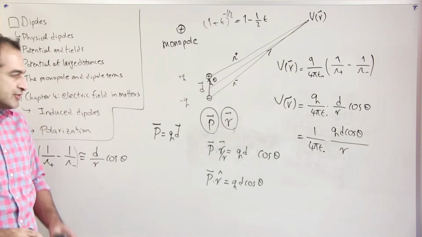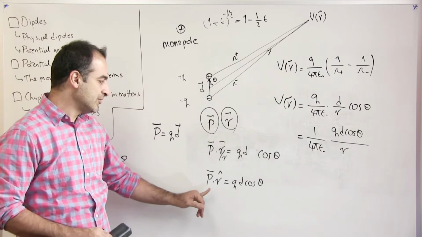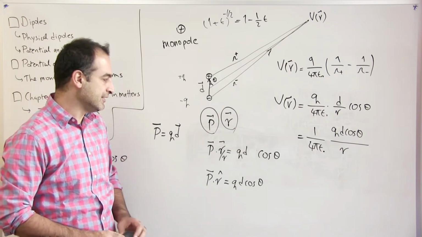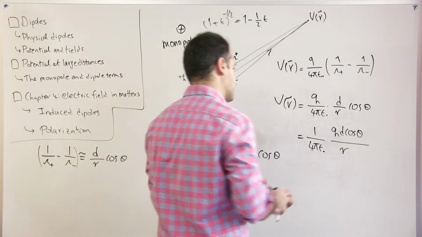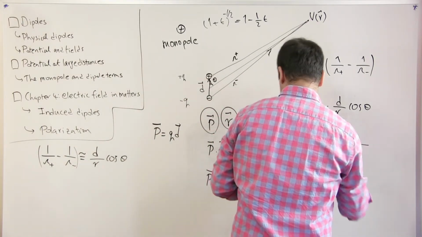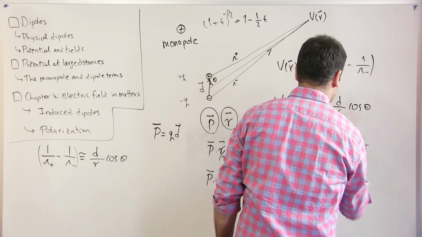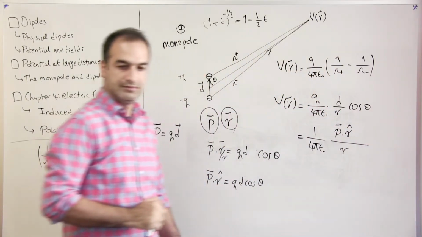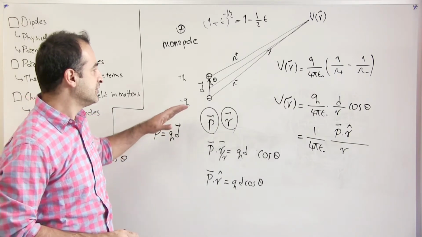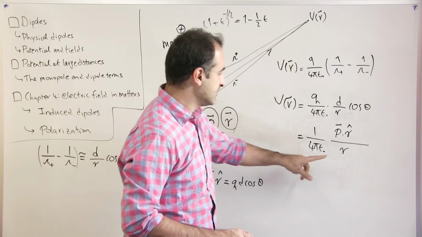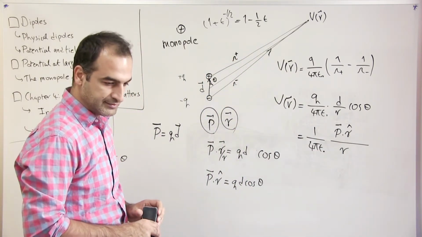Sounds good? I'm just trying to rewrite this numerator in terms of the dipole moment and the radius we have here, so that the cosine theta is not direct and obvious here. So this can be rewritten as P, the dipole moment, times R hat.